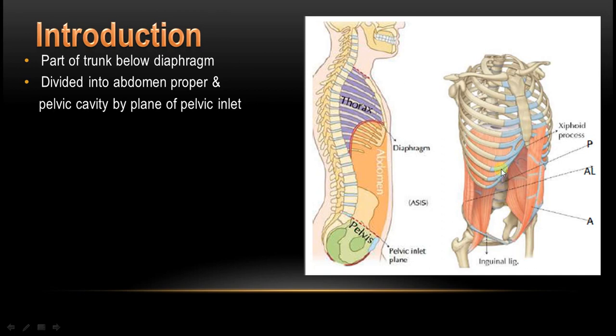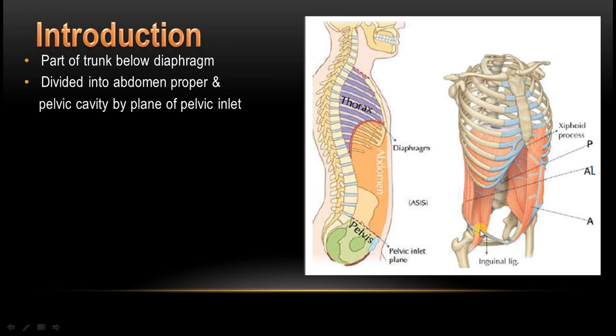Above that what you see is the abdomen proper. Now this abdomen or the abdominal cavity has its own boundaries. The superior limit is the thoracic diaphragm, and below it constitutes the pelvic cavity, also enclosed by the pelvic diaphragm.